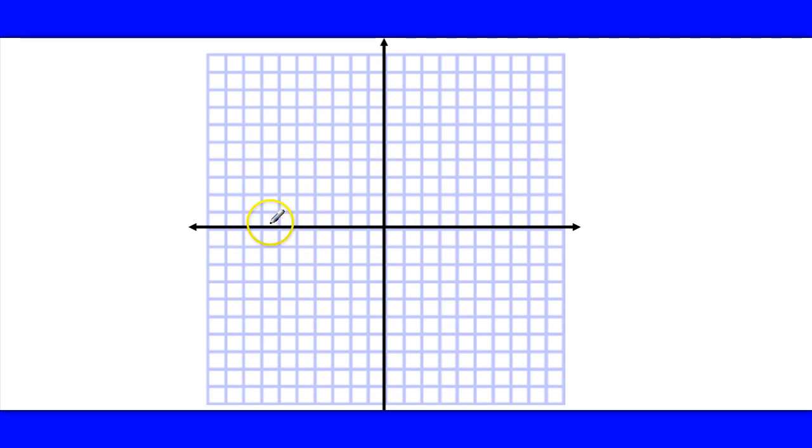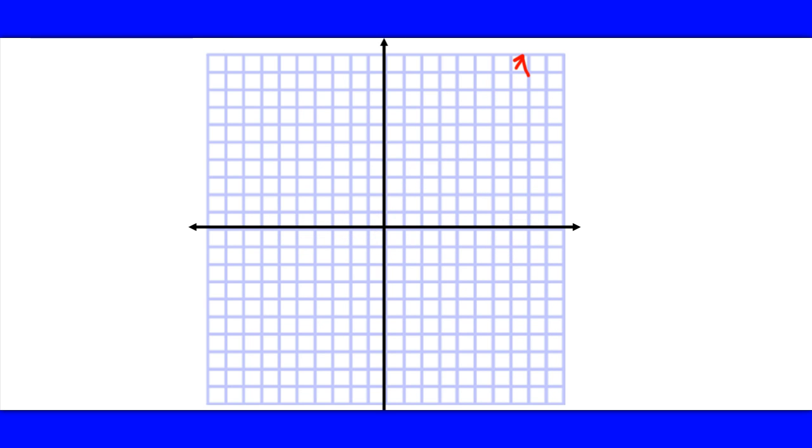It can look like this, all right? Or I could take that and I could reflect that, and it would look like this, okay? That's two scenarios. Let's erase this, okay?